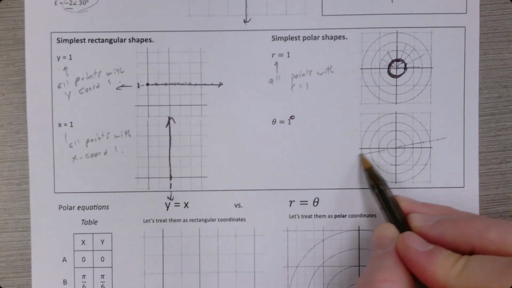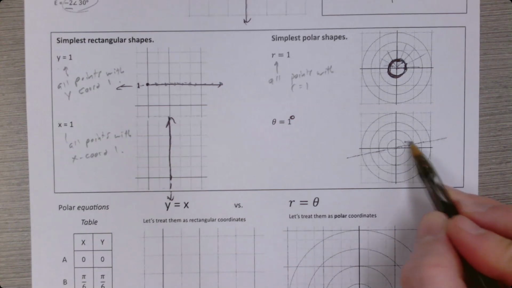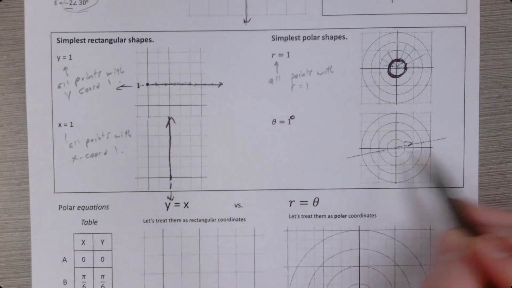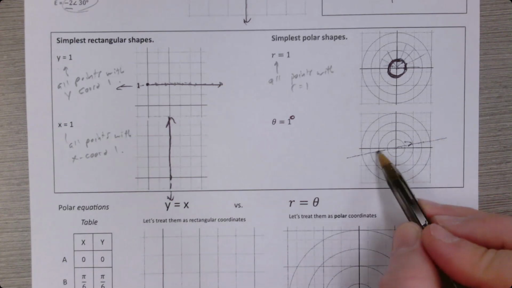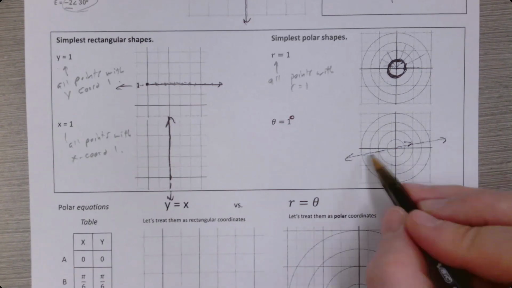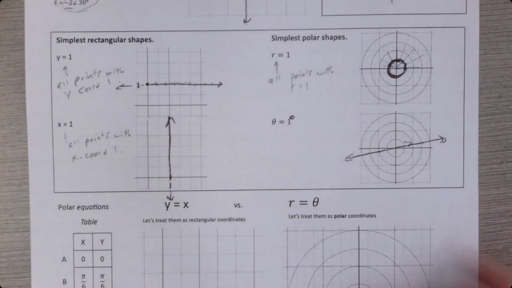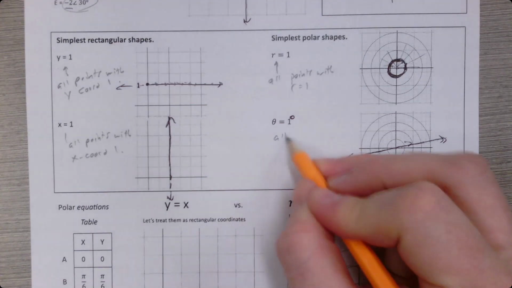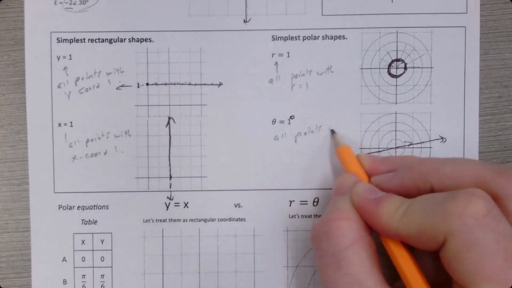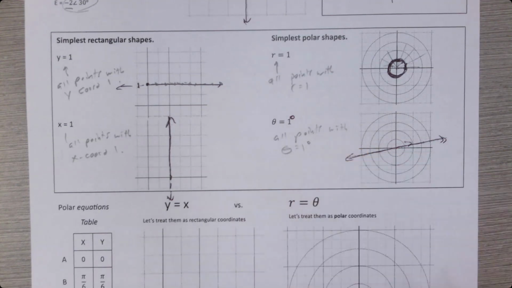But remember, you can also have negative distances. So if I was facing at an angle of 1 degree in this direction, but I had like -1 as my distance or -2, I'd get points over here. So that's why this equation is just a line. And so this is all points with theta 1 degree.